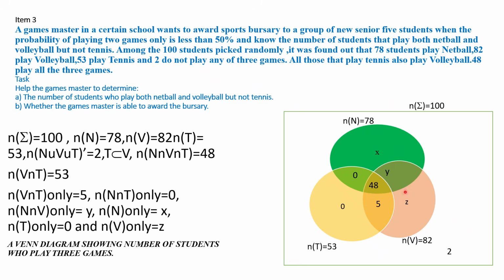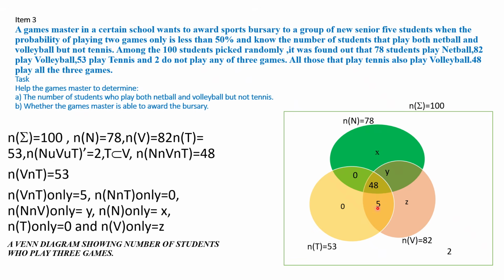So when you are finding the value of X, the value of Y, the value of Z, make sure that you equate to the universe. Then later you use individual sets. Like me, after getting the value of X, assume I used that 82, the whole of this, plus 2 plus 0 plus 0 plus X is equal to 100.